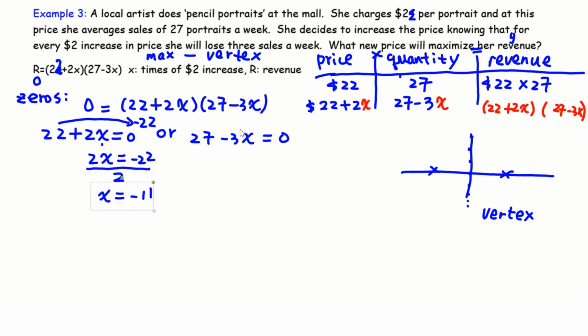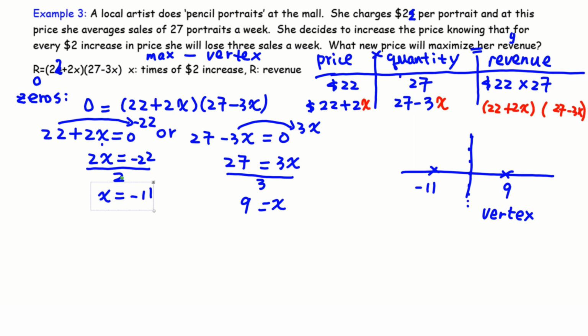Then we do the same thing, solve for x in the other equation. We move the minus 3x to the other side, you have positive 3x. Then we move the 3 to the other side by doing division. Then we have x equals 9. So these two are the x-intercepts for the quadratic expression.